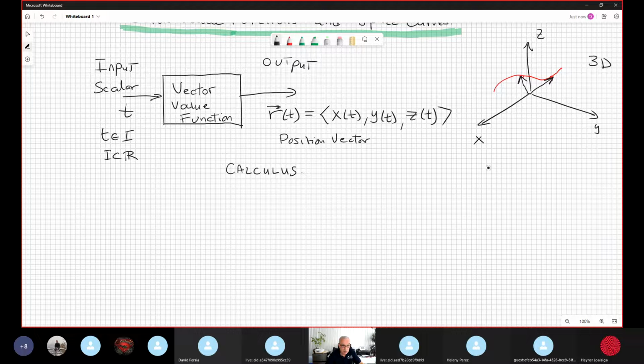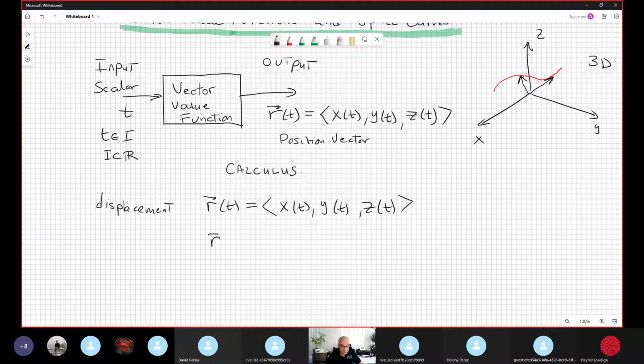Okay, look. Let me see. The position vector que is equivalent to displacement is one interpretation. Displacement is R of any time or any t is x of t, comma y of t, comma z of t. If you find the derivative of this vector value function, let me use this notation, prime.